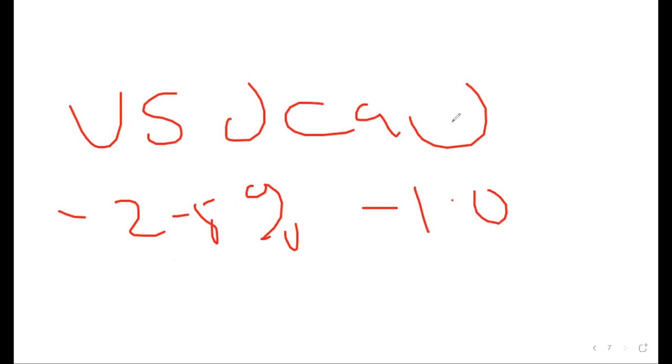Now, if you buy these currencies, this is where swap comes in. If you buy USD CAD, for example, it means that you have given them money. You've put money in their bank, right? And so you'll be paid 2.5%.